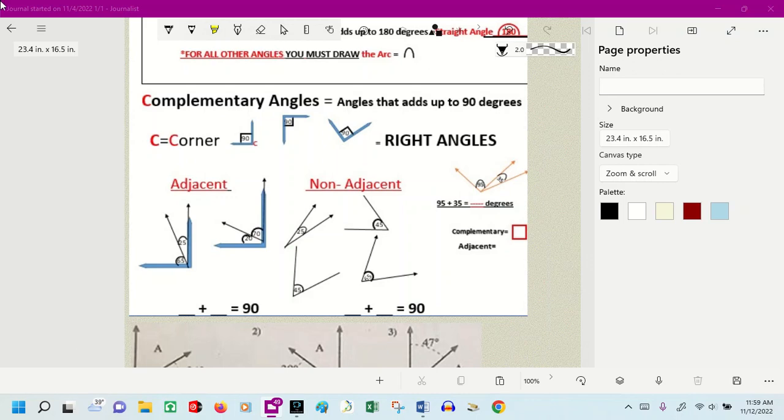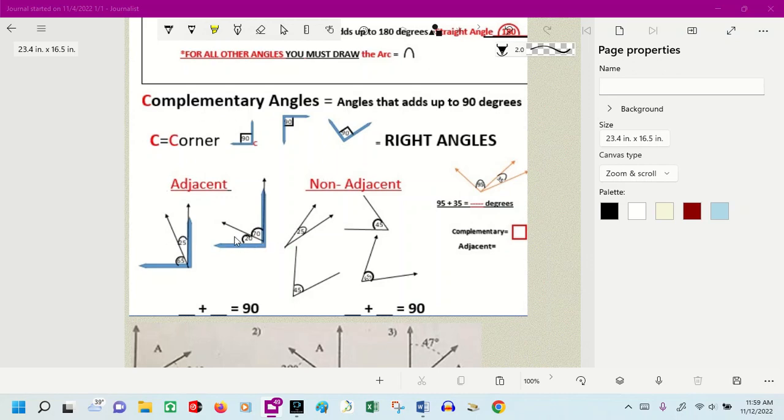Now, we are going to look at the word adjacent again. Like I said, no matter how you divide this angle up, this is a 90-degree angle. How do we know? 25 plus 65 equals 90. That's a 90-degree angle. These two angles are considered complementary angles.